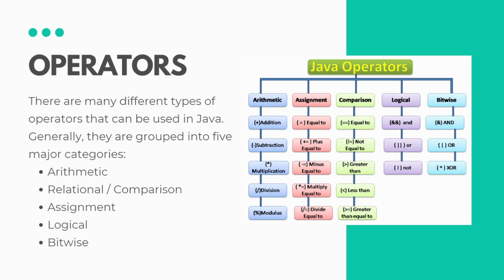Operators are basically symbols in Java that we use for, well, operations. In general, there are 5 categories, but for our purposes, we're only learning about the first 4, just because they're a bit more applicable to our code. We'll be using these symbols a lot. The 5th category, bitwise, is a little out of our scope of content.